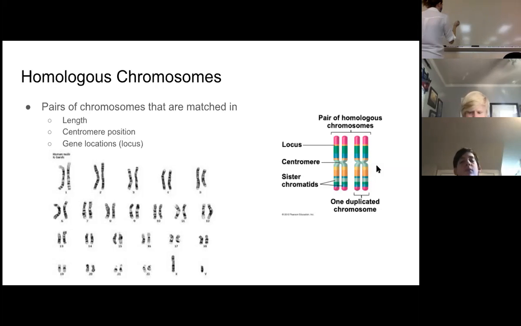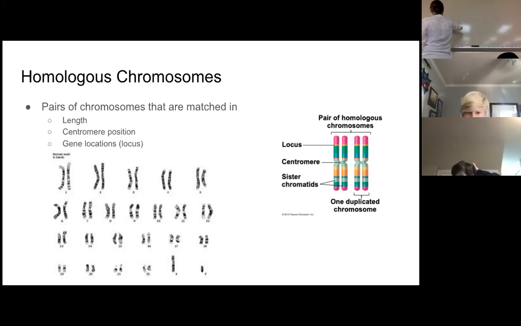Some chromosomes have centromeres positioned like that, some like that, some like that. Depending on where they're linked together determines if they're homologous or not. So this is not a homologous chromosome to this because their centromeres are not lined up. So homologous chromosomes have the same length, same centromere position, and same gene locations.